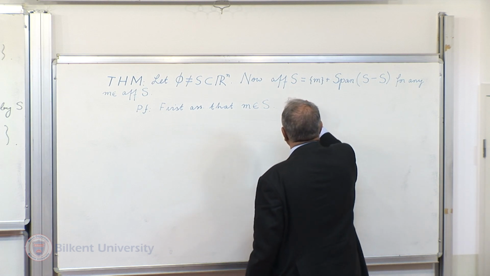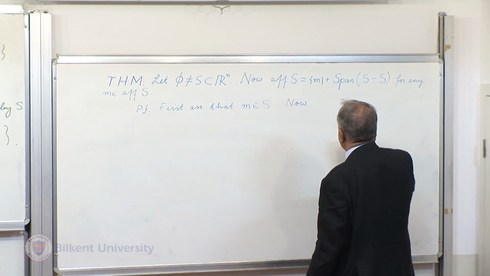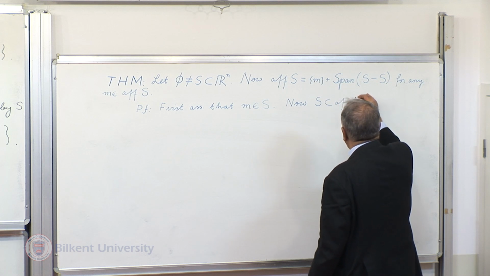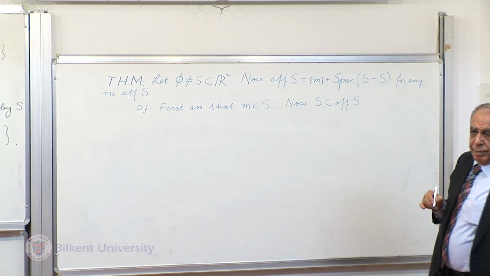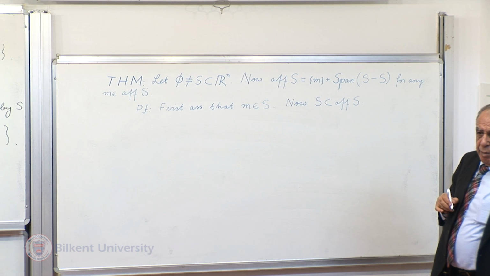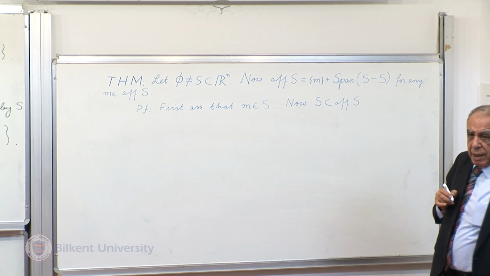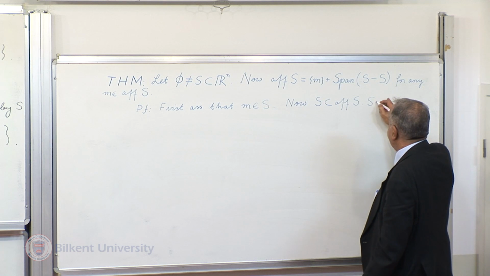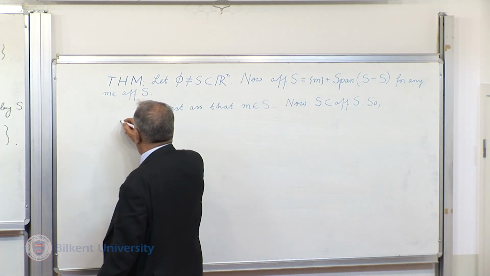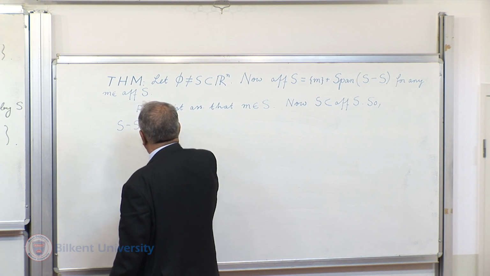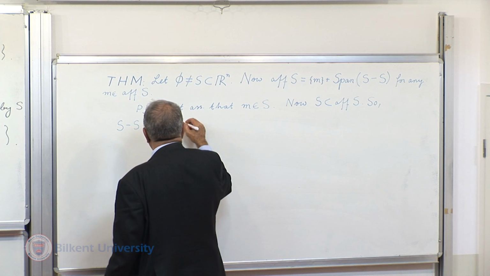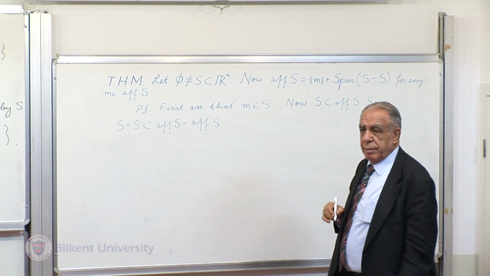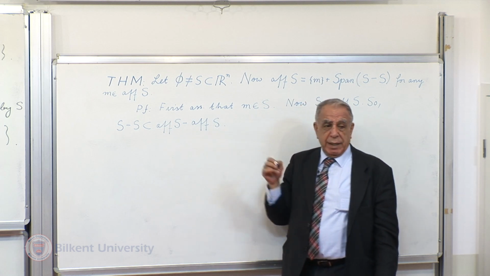Now, S is contained in affine hull of S by definition, because all affine subspaces whose intersection is equal to this, they all contain S. So S minus S will be contained in affine hull of S minus affine hull of S. Now, what do we know about affine hull of S minus affine hull of S?